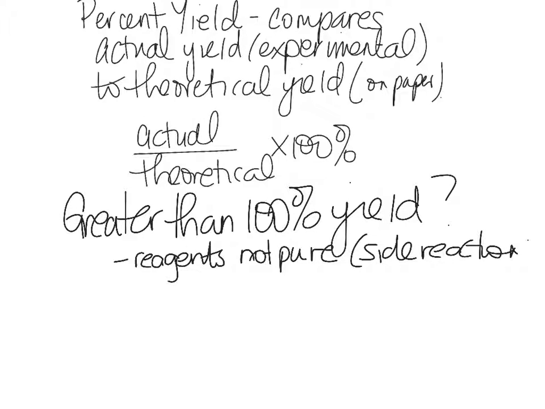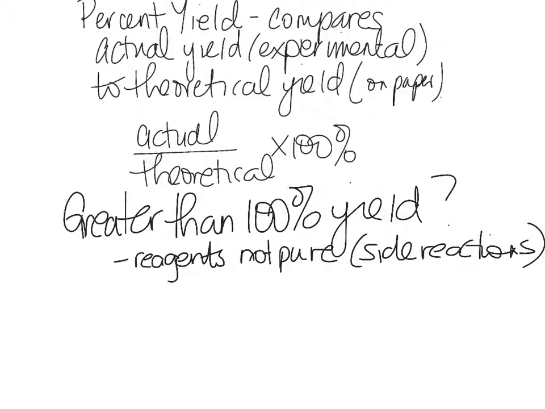Maybe you didn't make your product. So let's say you've got a solid that precipitates out of solution. How are you going to measure the mass of your solid? How are you going to figure out what mass of your solid you produced?